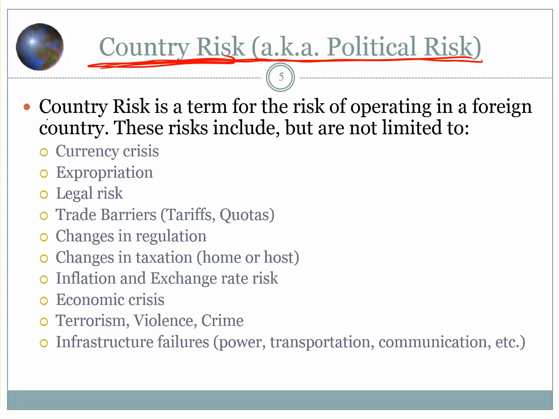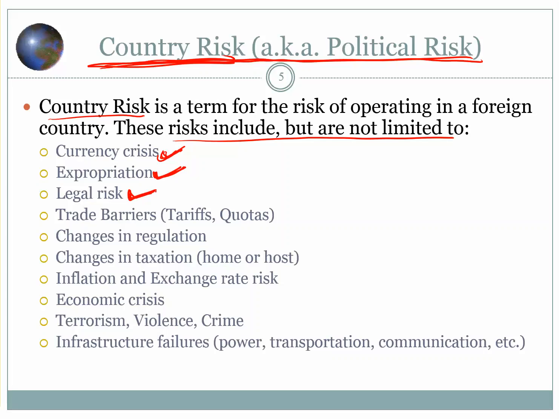So country risk is a general term that companies and business use to talk about the risk of operating in a particular area. Items that might fall into country risk are currency risk, the risk that there's a crisis in the country and that currency rapidly devalues or maybe even appreciates. The risk of appropriation, the government seizes control of your operations.